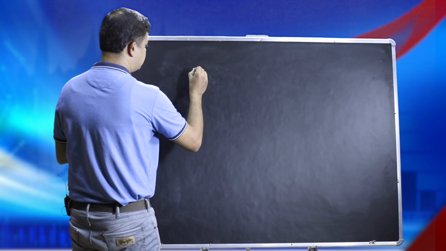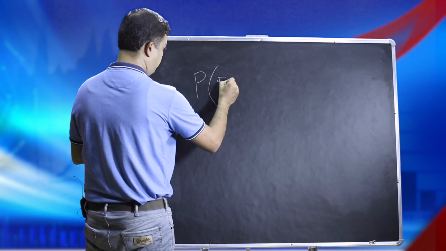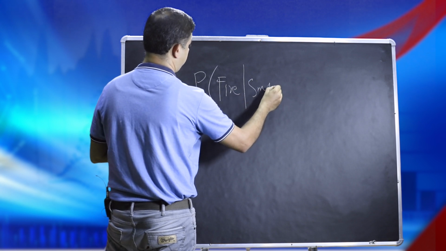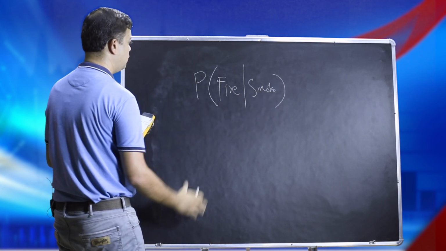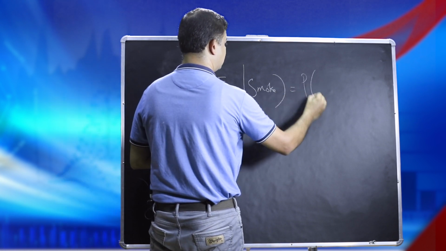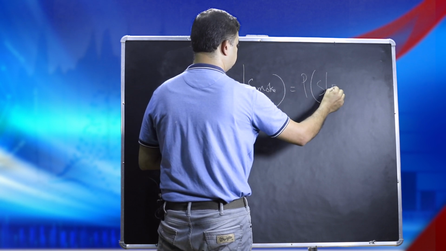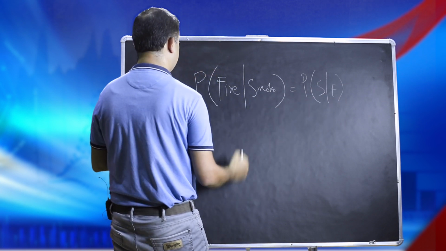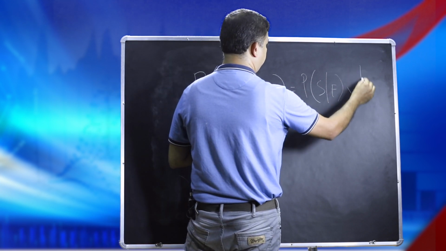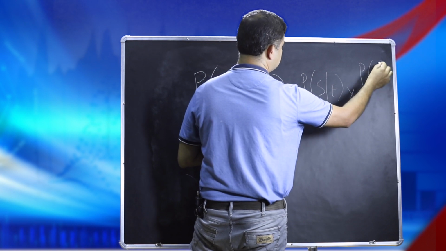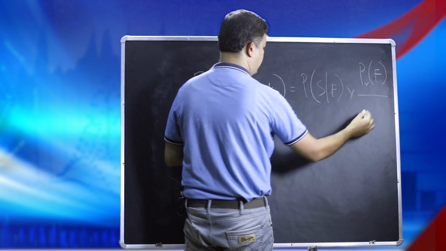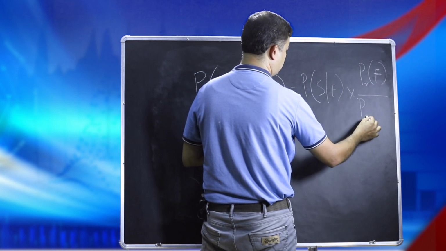So what we have to calculate is the probability of fire given smoke. So this is the probability that we would like to calculate. This is equal to probability of smoke given fire, which is the likelihood, multiplied by probability of fire, which is nothing but the prior probability of the fire, divided by prior probability of smoke.